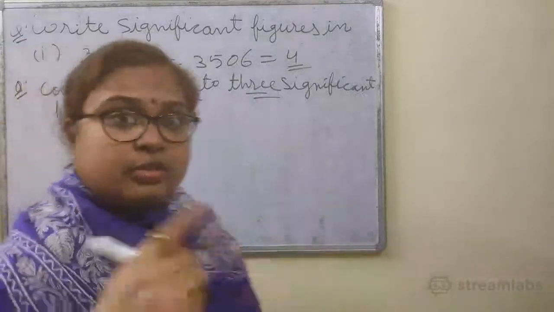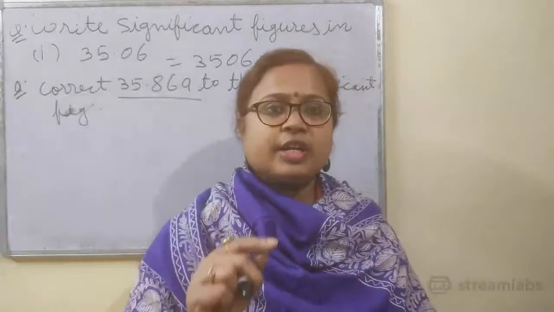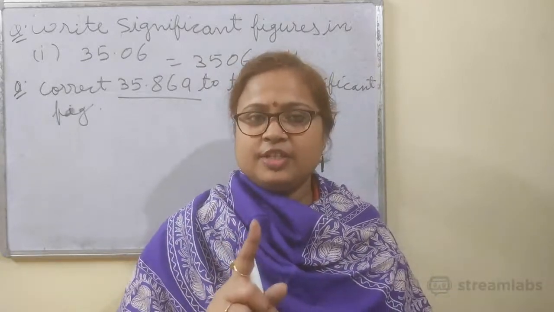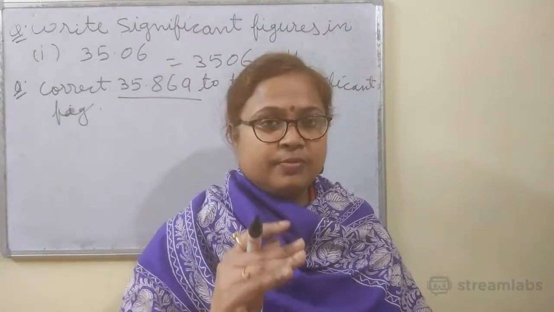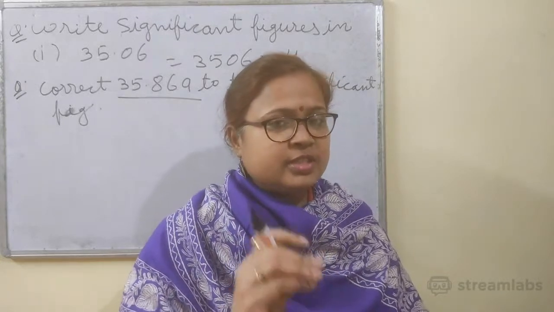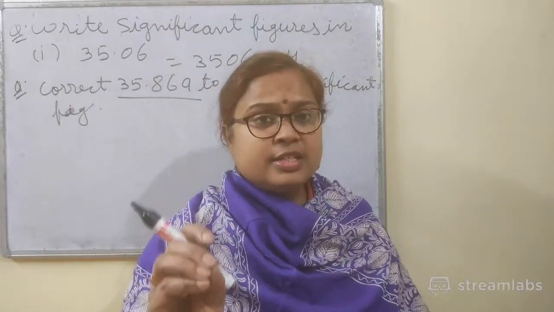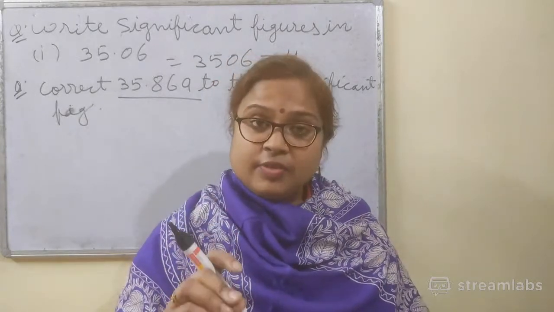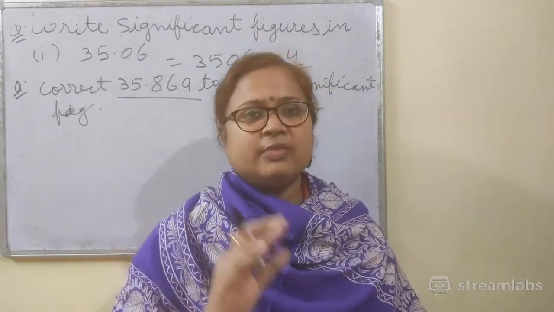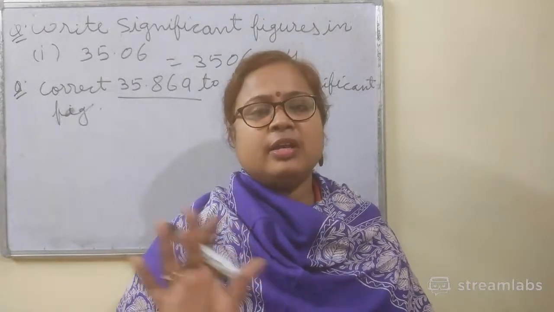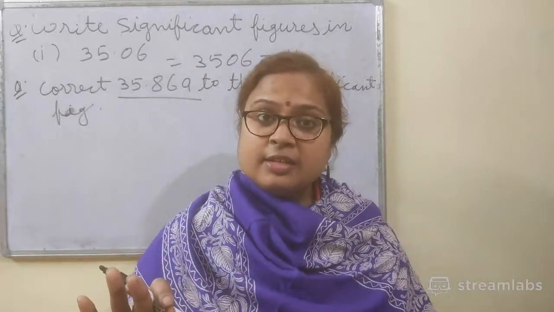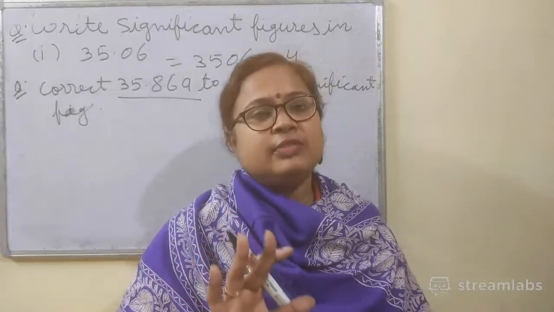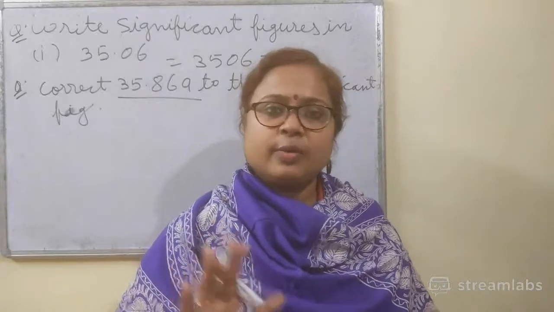So it is asked about 3 significant figures. Means for correction we will see which one? The fourth one. Very good. Always remember, whichever is asked in the question, we will not see that number. We will see the next number. Is the next number 5, more than 5, or less than 5? If it is 5 or more than 5, then we increase the previous number by 1. If it is less than 5, then we leave the number as it is given in the question.